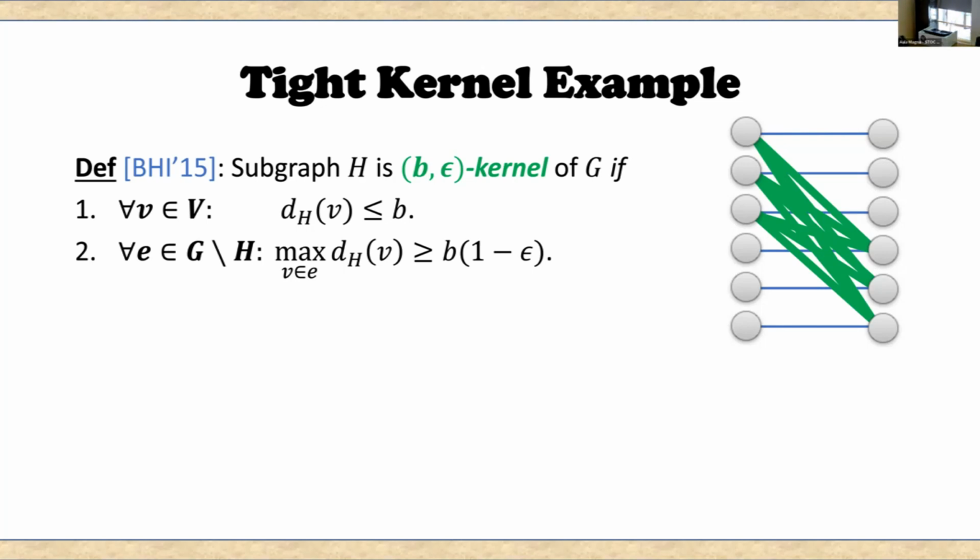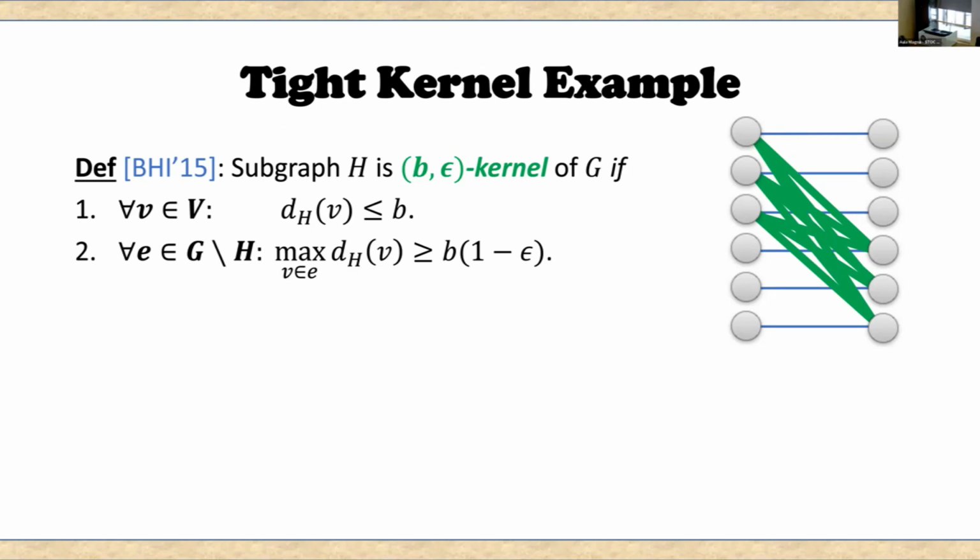Let's walk around a little bit. All these green edges have edge degree, the sum of the degrees of their endpoints, be 2B in the sparsifier, and all the opt edges have their edge degree be 1. So let's balance that term rather than degrees.